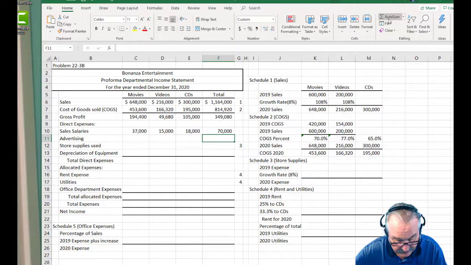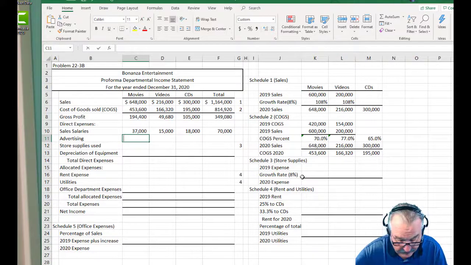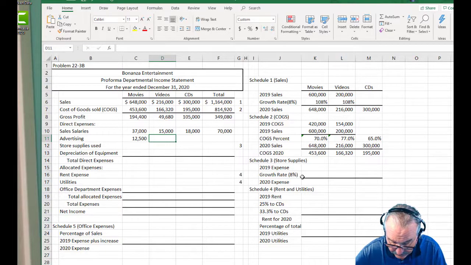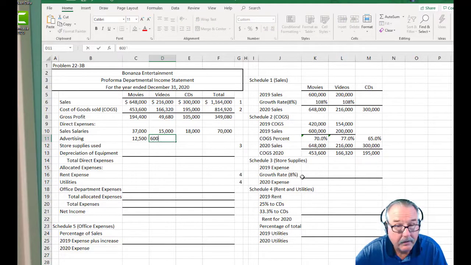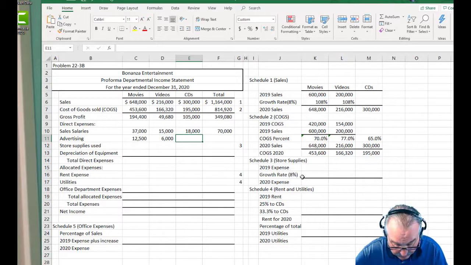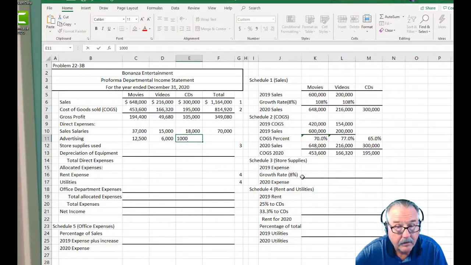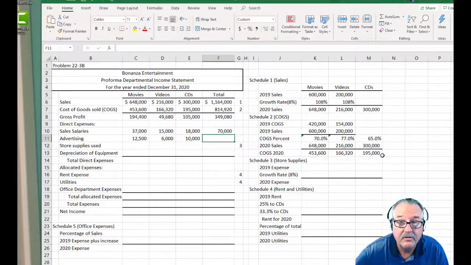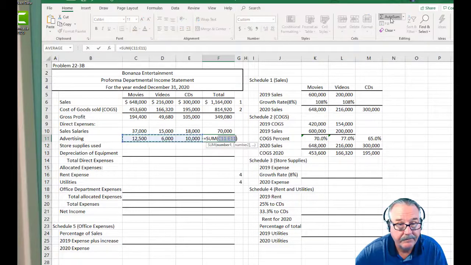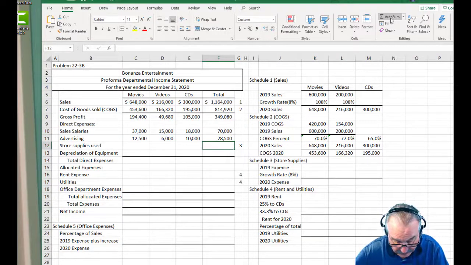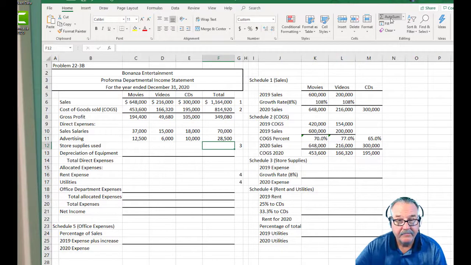So that's a total of $70,000. Now we need to add the advertising, $12,500, $6,000 for videos, and $10,000 for CDs is what they expect to spend, for a total of $28,500.